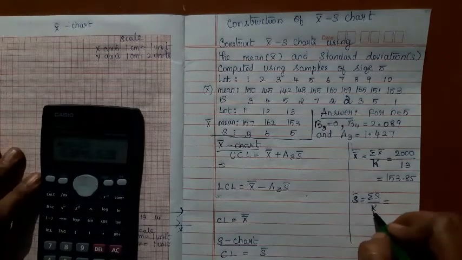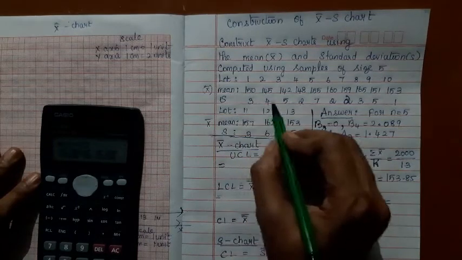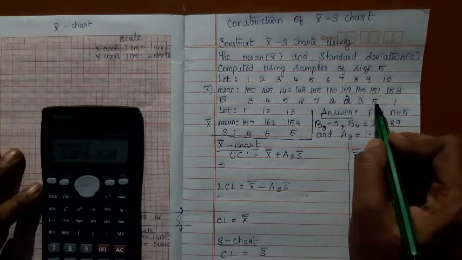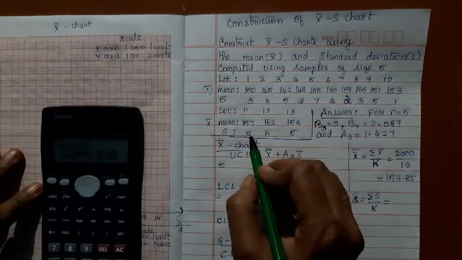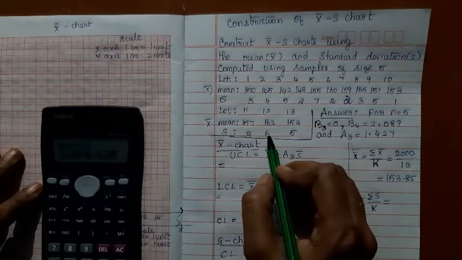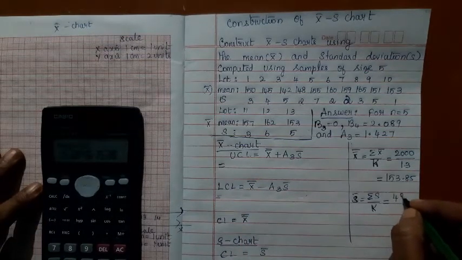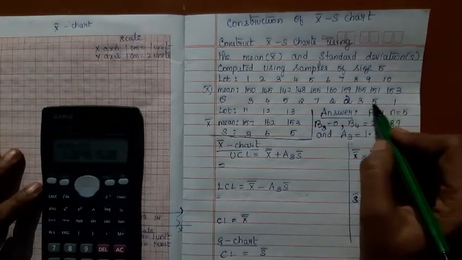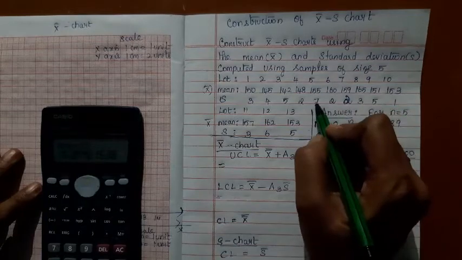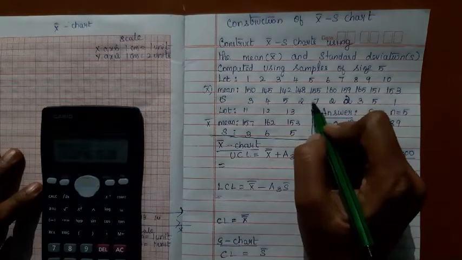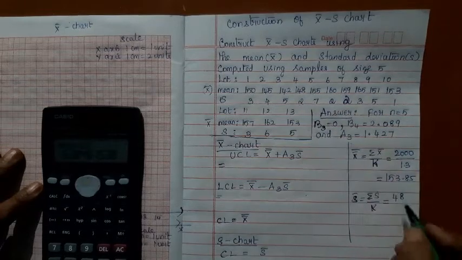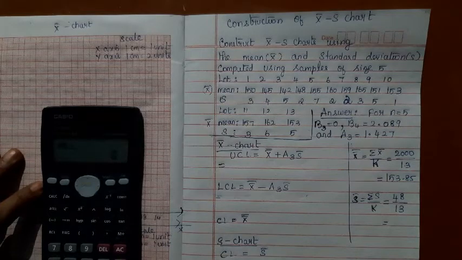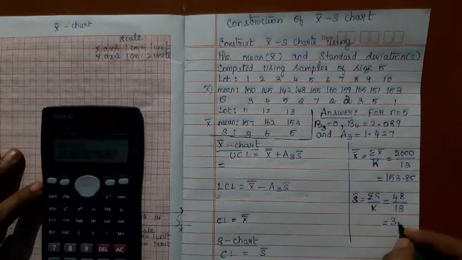Similarly, you should compute S bar, for which I add all the S values: 21, 28, 33, 34, 39, and so on. The total is 48, and 48 divided by 13 is 3.69.